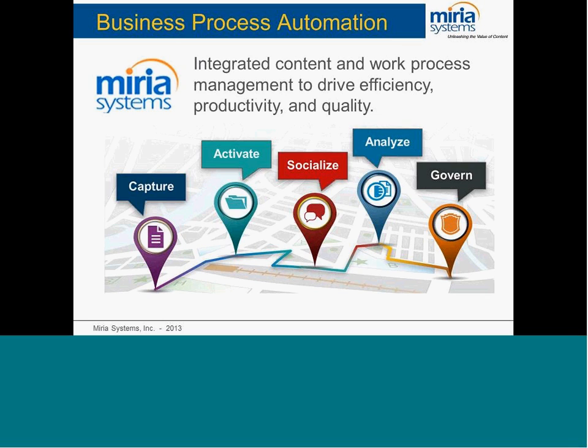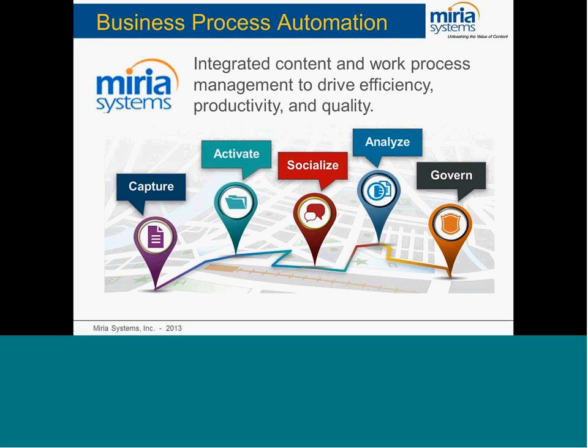So look at the next slide here. It talks about business process automation. How do you take the manual efforts and redundancies out of the process? If you look at this slide from left to right, it's first and often about capturing the information. How do you activate the content itself?